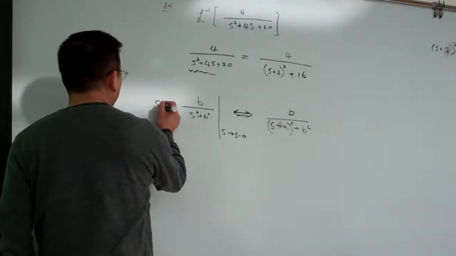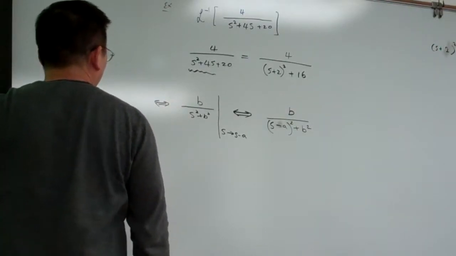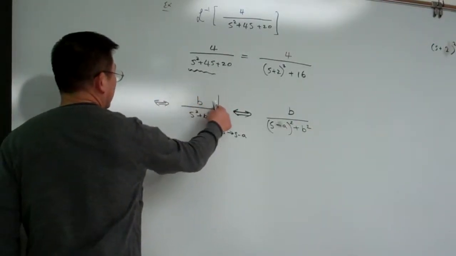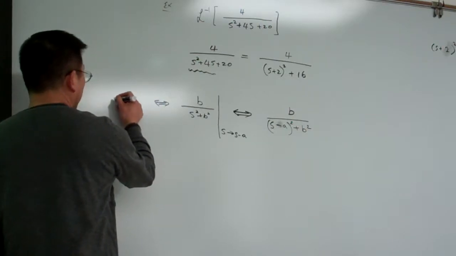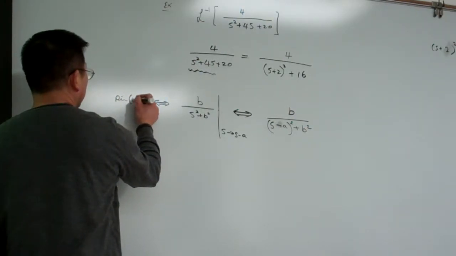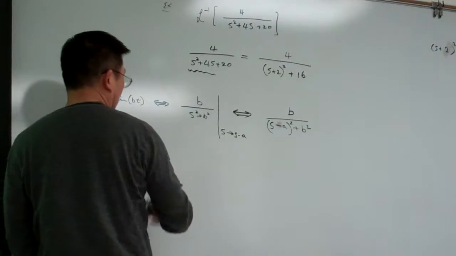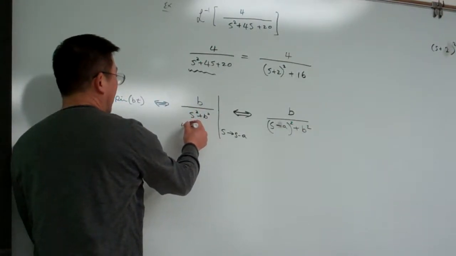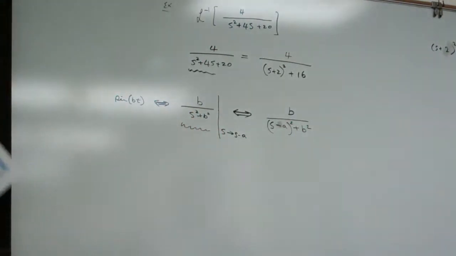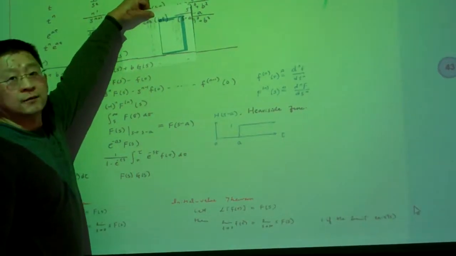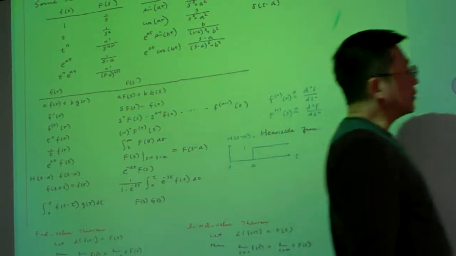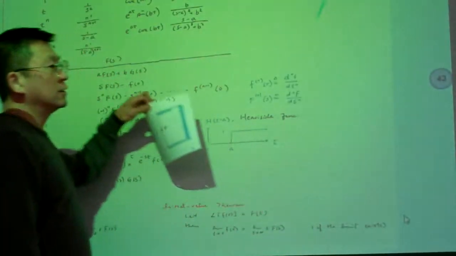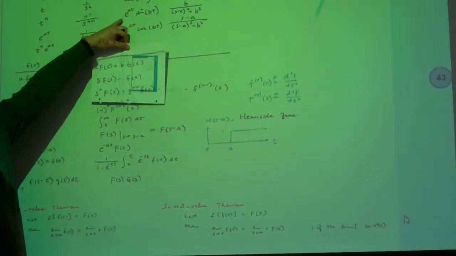From the tables, this pattern, once we convert it, is equivalent to sine bt if we only look at this pattern, and the inverse Laplace transform equals sine. Here we have a replacement, so we adopt the right form, which should be this one.